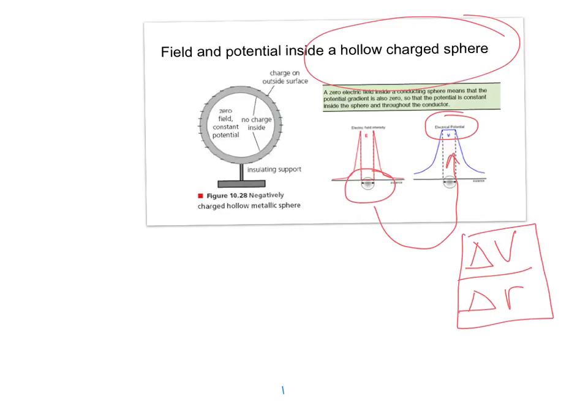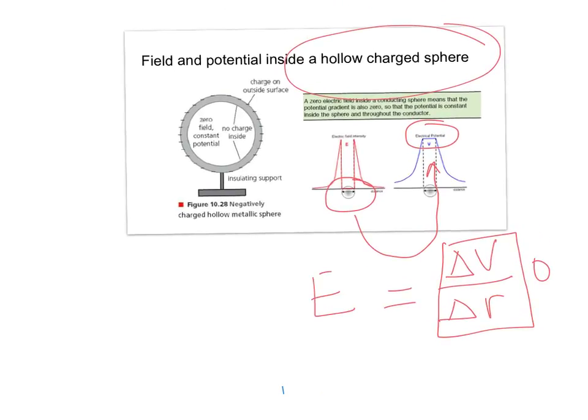That change is 0, so it's constant. And because the potential gradient is equal to the electric field, that gives you a 0 electric field strength. This sometimes comes up in multiple choice and is not particularly important, but it's easy to remember. It's just a little factoid to hide away in your brain somewhere.